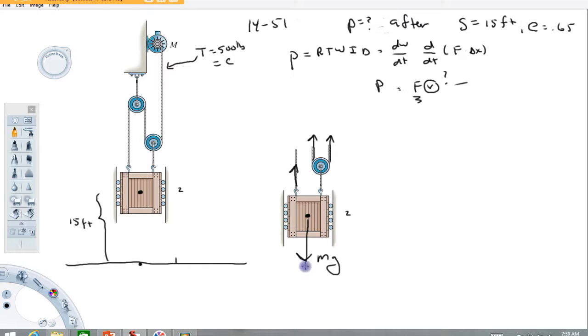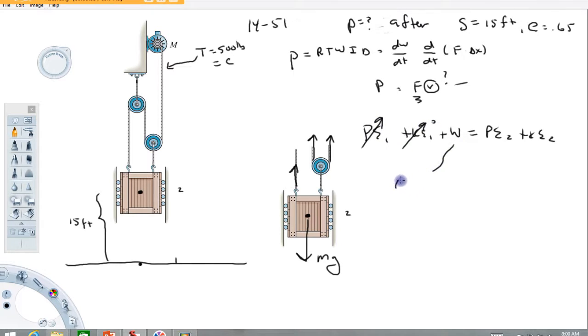You wouldn't worry about this in the work term if you're using a potential energy term for the gravitational force. So you're going to write out your work energy theorem. And again, because of where I put the datum, 0, I'm pretty sure this thing starts from rest.